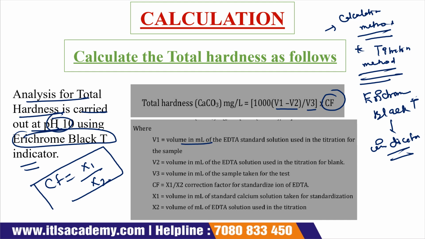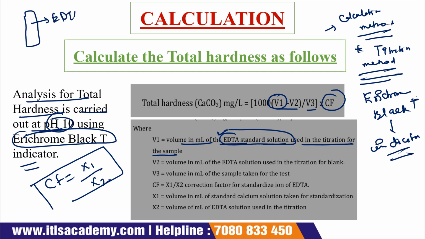V1 is the volume in ml of the EDTA standard solution which is used in the titration for a sample. Basically V1 is the volume in ml of EDTA standard solution, because we titrated with the help of EDTA. Suppose that this is your burette. In the burette, EDTA will be filled.